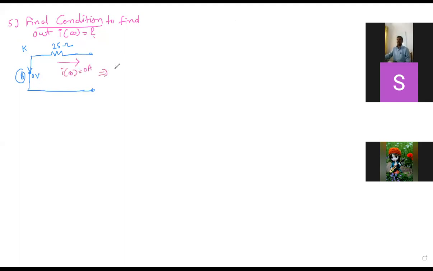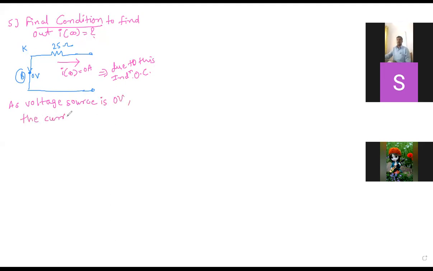So due to this, inductor acts as an open circuit. So I will write as voltage source is 0 volt.